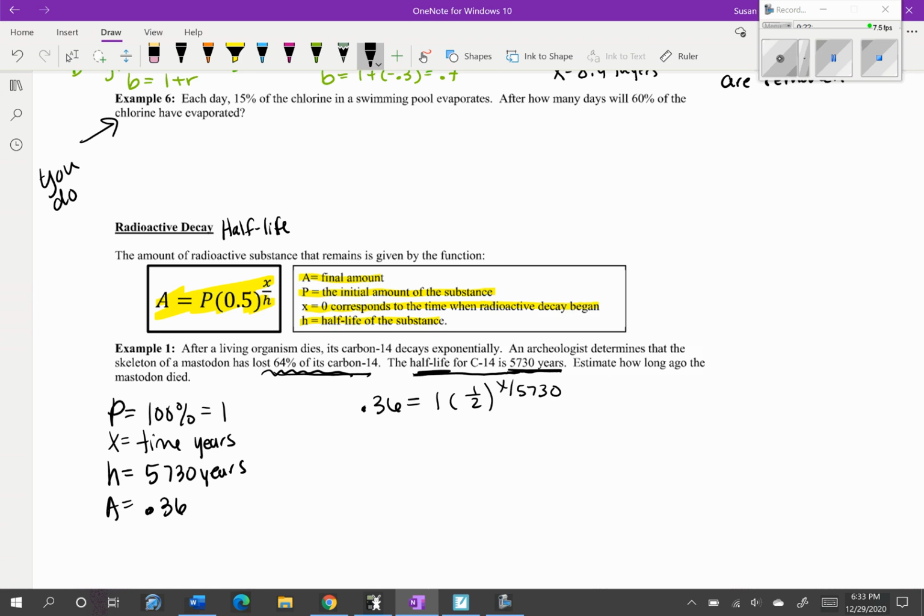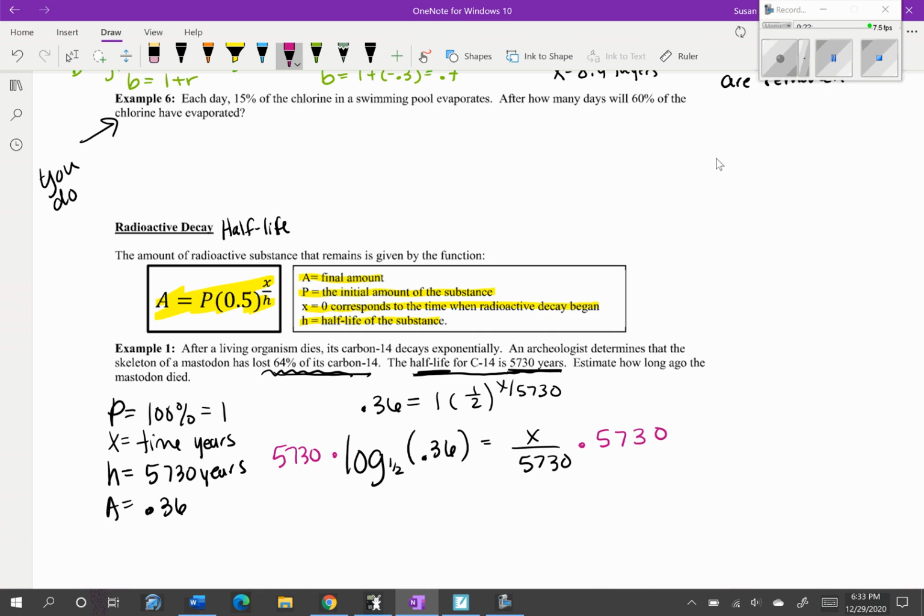So the next thing we do is solve. We can use our logarithmic form. So the log of the base, which is 1/2, of 0.36, equals X over 5,730. And then the last step would be to solve for X by multiplying both sides by 5,730.